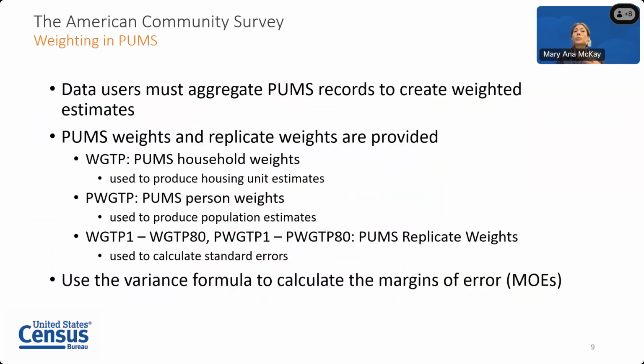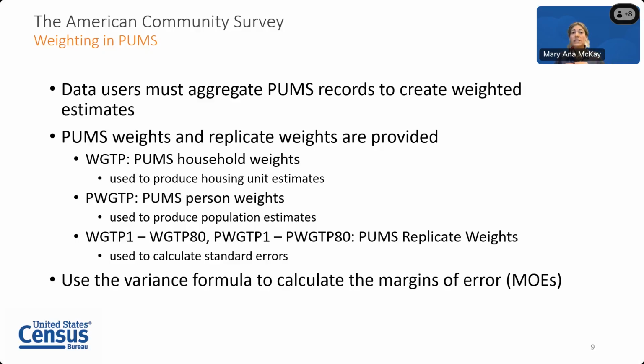As I mentioned in the previous slide, PUMS data provide individual records that data users must aggregate to form estimates. Unlike in data.census.gov, there are no pre-tabulated data. Weights are included on the PUMS files so that data users may create weighted population estimates. If you are working with housing records, you will use housing weights, and if you are working with person records, you will use person weights. When working with a merged file that includes both housing and person records, person weights should be used to produce estimates for person characteristics.